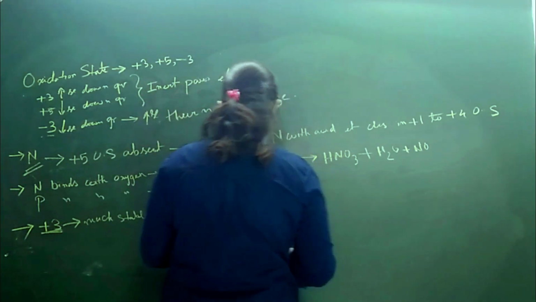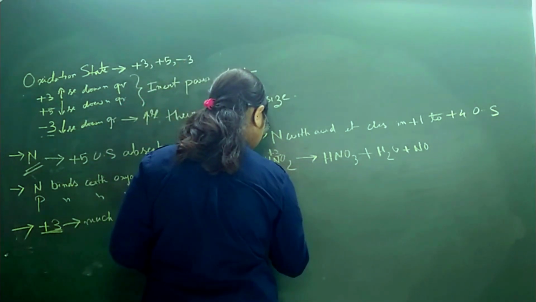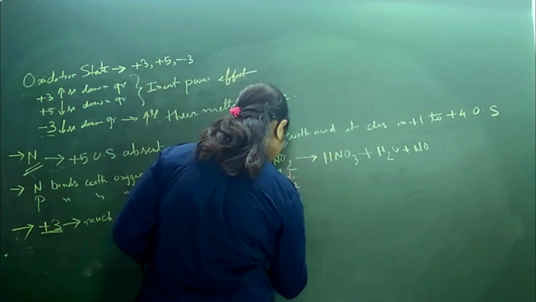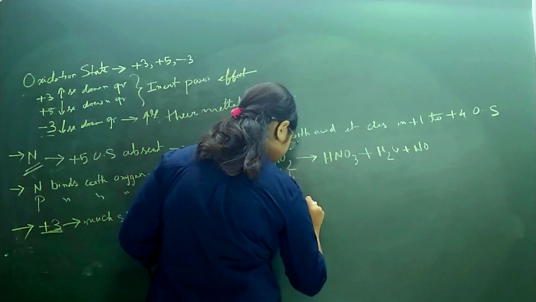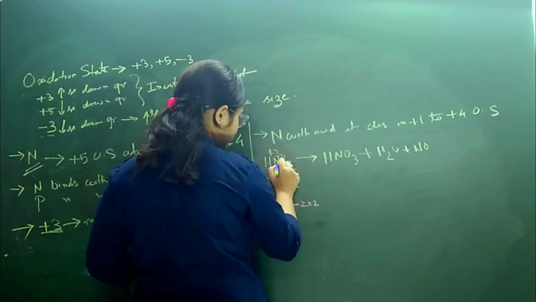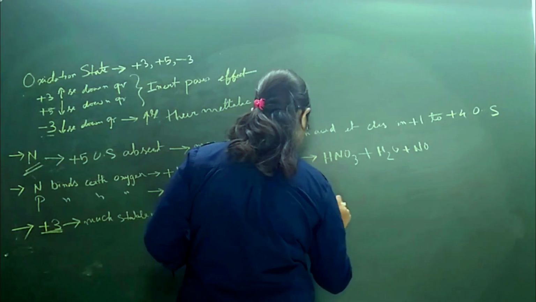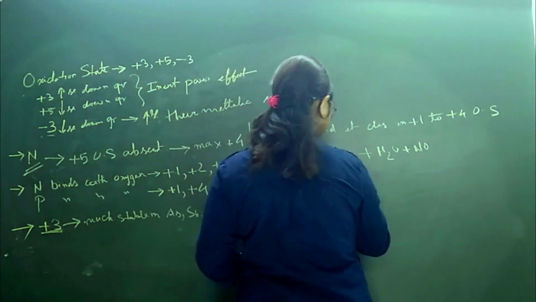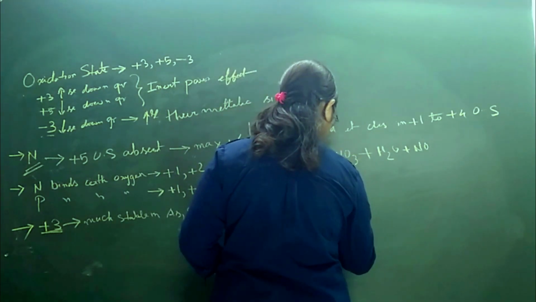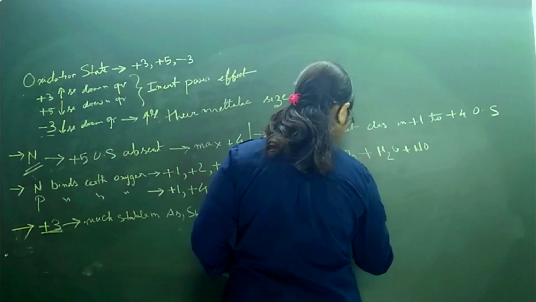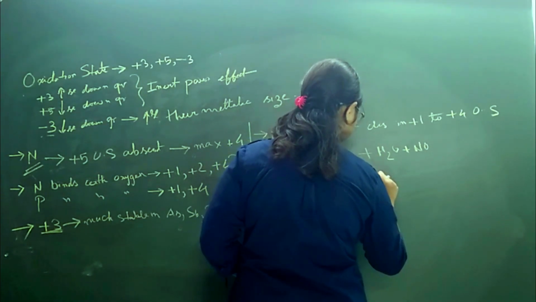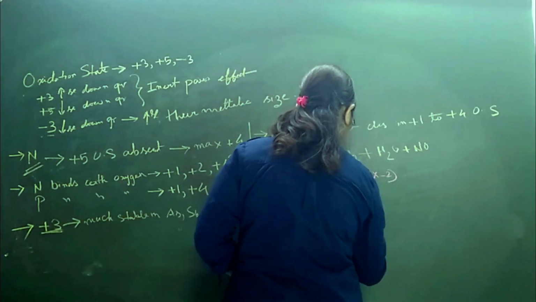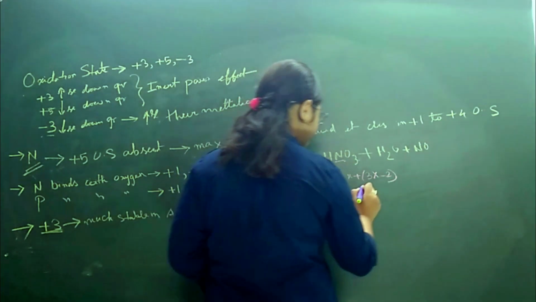Here we can see that in HNO2, hydrogen has the +1 oxidation state and oxygen has -2. So write +1 plus X plus (-2 times 2), as there are two oxygens, so X equals +3. Similarly in HNO3, +1 plus X plus (3 times -2), as there are three oxygen atoms, so X equals +5.